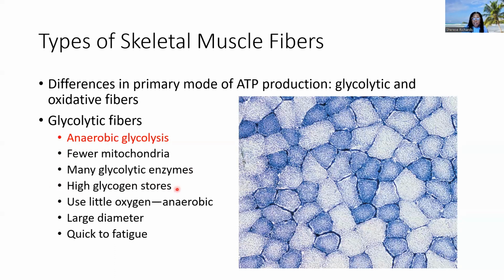We're going to have lots of glycogen stores, right? We're not going to need as much oxygen, and that is because anaerobic glycolysis does not rely on oxygen. We're also going to have a larger diameter. The diameter of the muscle fiber is basically determining how much distance that oxygen has to diffuse across.